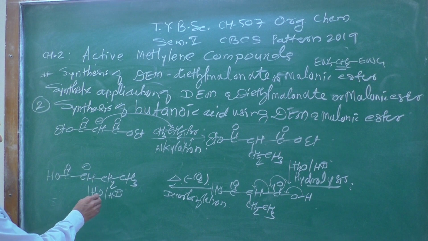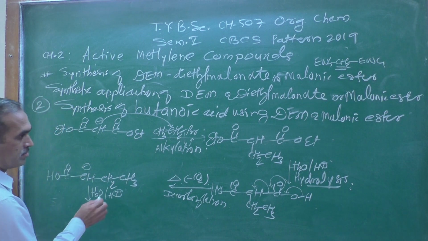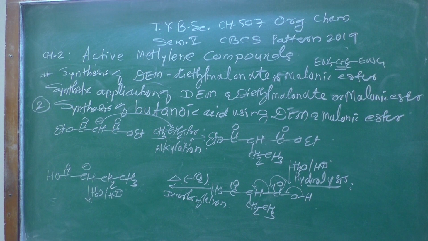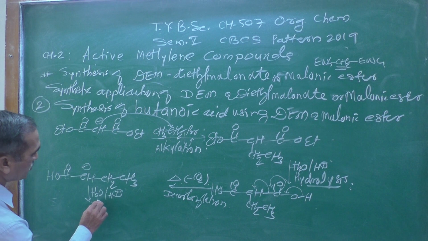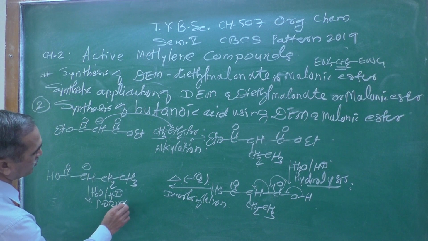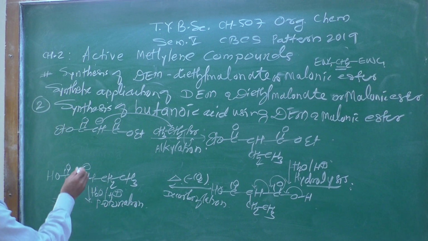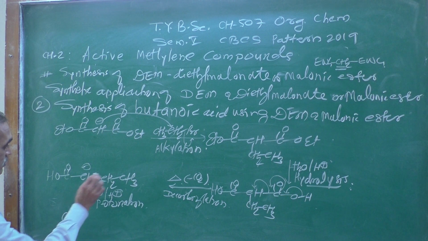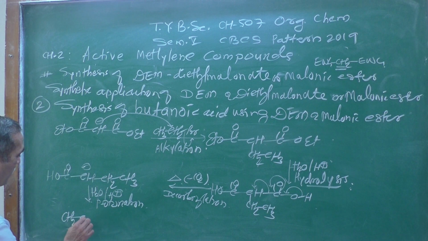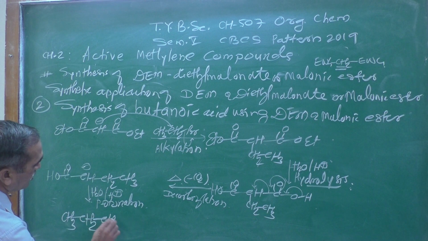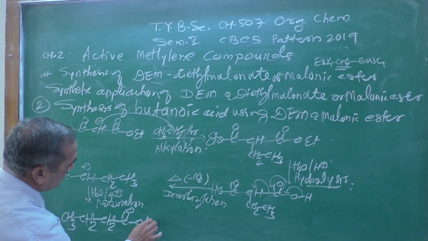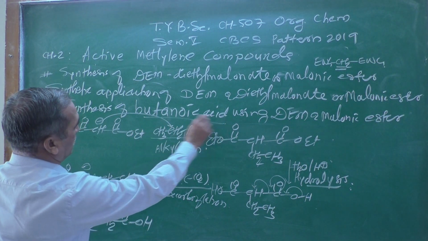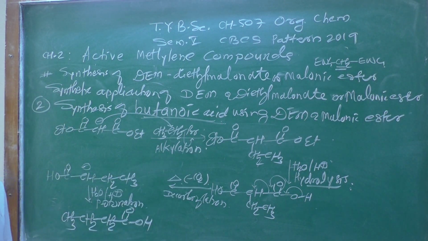Now see, this and this and this are the same, but that process is known as hydrolysis, and here this process is known as protonation. A proton comes over here, and you will be getting this structure, which I am writing in a proper way: CH3, CH2, CH2, C double bond O and OH, and this is nothing but our starting material, this is our target molecule.